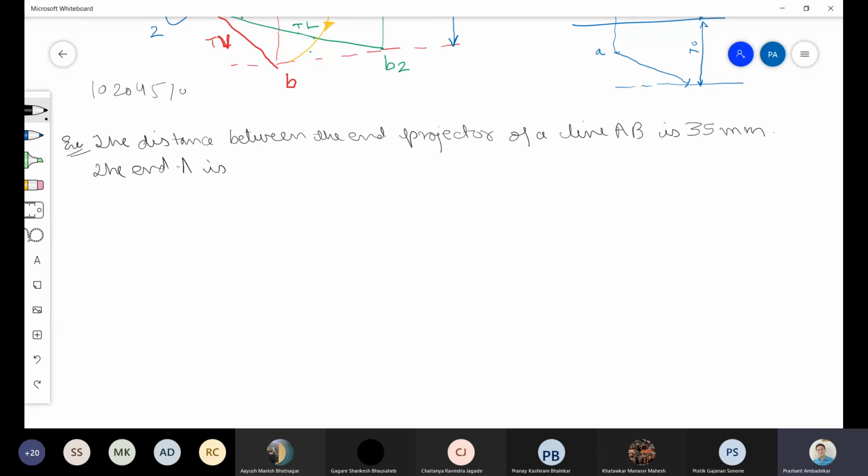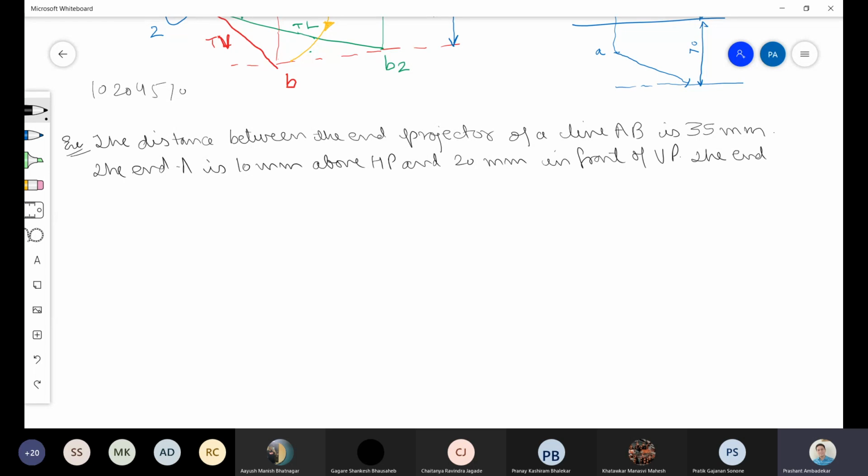The end A is 10 mm above HP and 20 mm in front of VP.